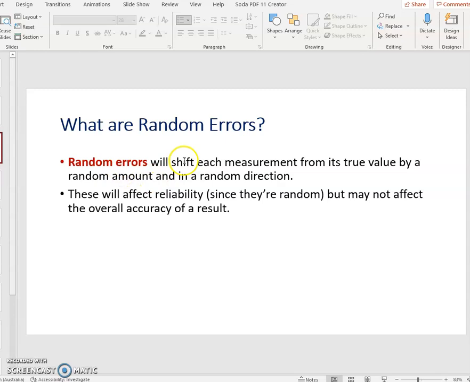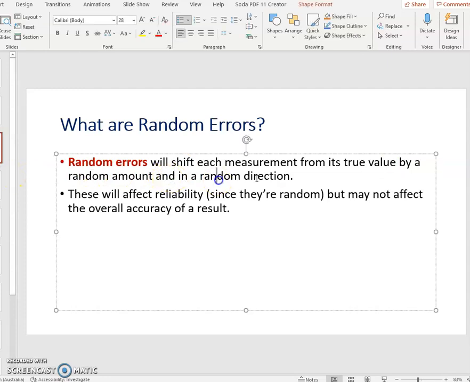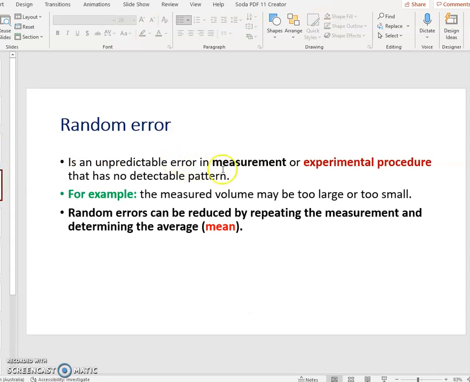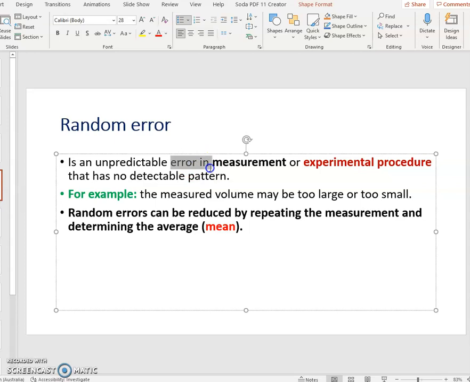Okay, so random errors will shift each experiment from its true value by a random amount in a random direction. Okay, these will affect the reliability because they're random, but not affect the overall accuracy of the result. So what that means, a random error is an unpredictable error in measurement or experimental procedure that has no detectable pattern.